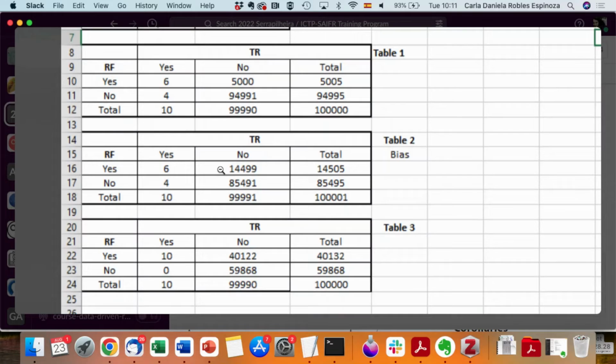So basically here you can see the false positives, false negatives, and the opposite. And on the first table you can see that the number of false positives is higher than the number of true positives, and also that happens with the true negatives and the false negatives. And that happens basically in all the tables, now that I see.